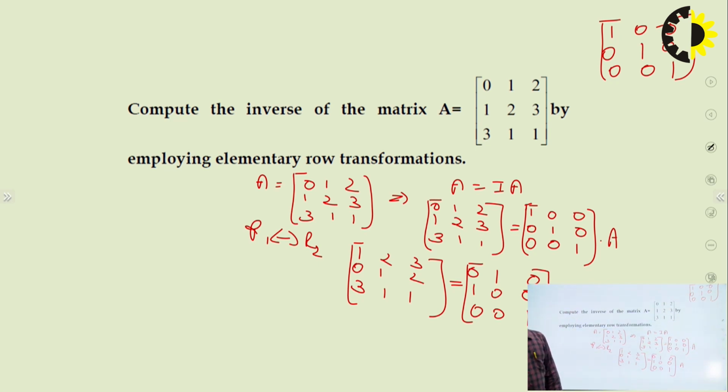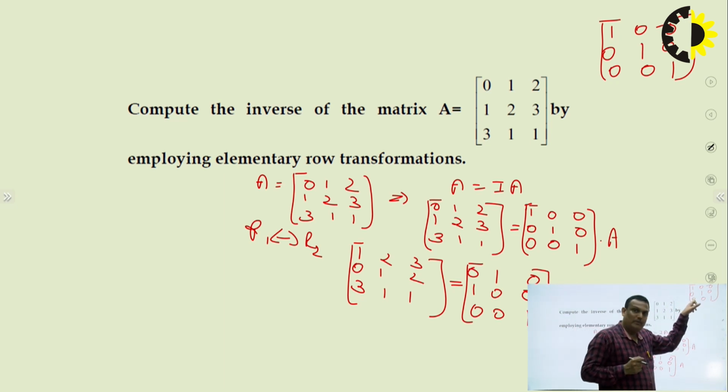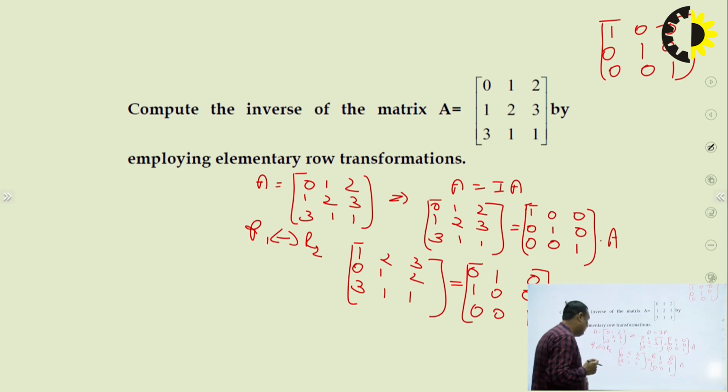Okay. Now the second element in the second row is already 0, so no operation is applied in R2. But in the third row, the first element is 3, and in the unit matrix it will be 0. So what operation will we take? We will take the operation in R3: R3 minus 3R1.